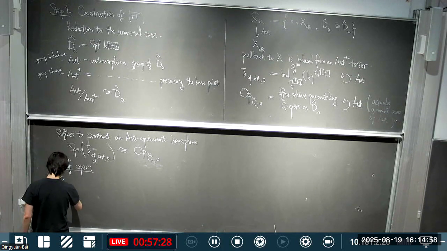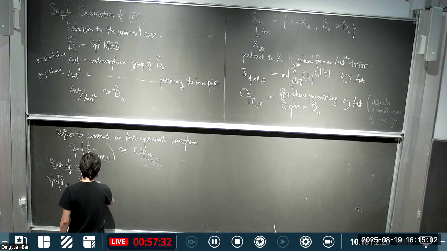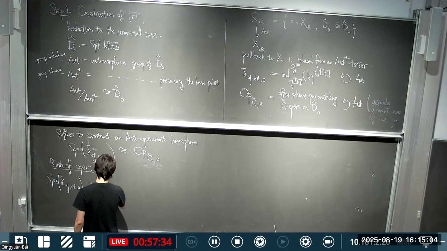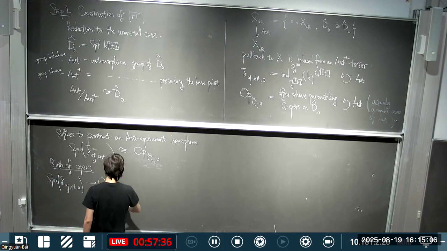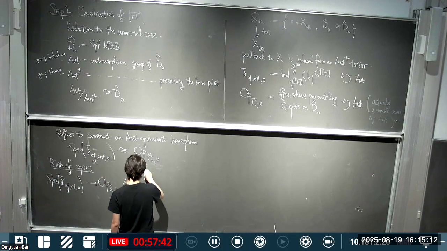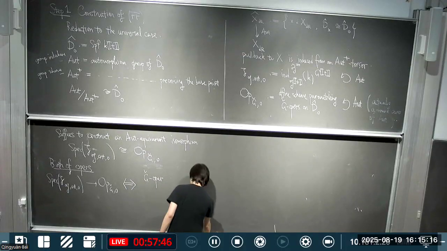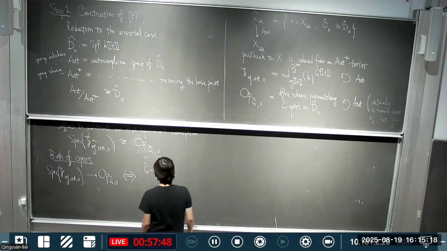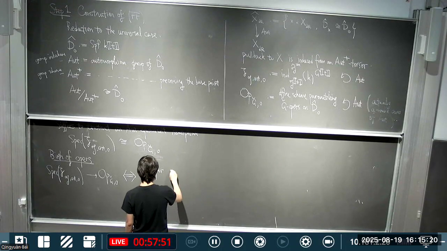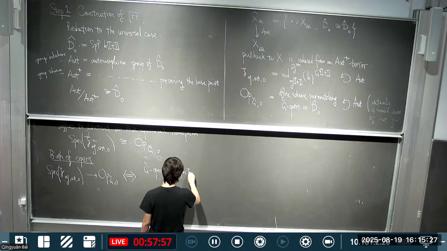That's the Spec of Z G crit to this scheme parameterizing opers, and this is equivalent, just by the Tannakian description of opers, to a G-check oper on this parameterized formal disk.